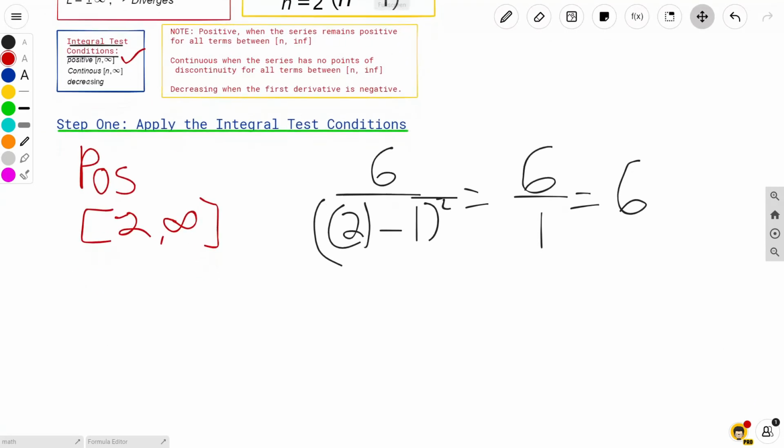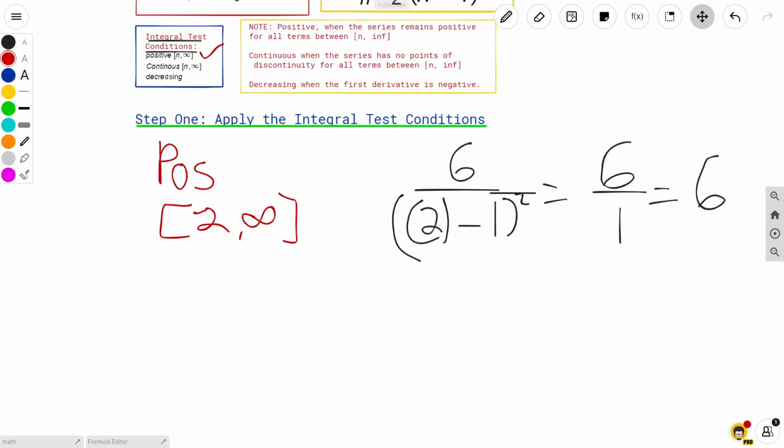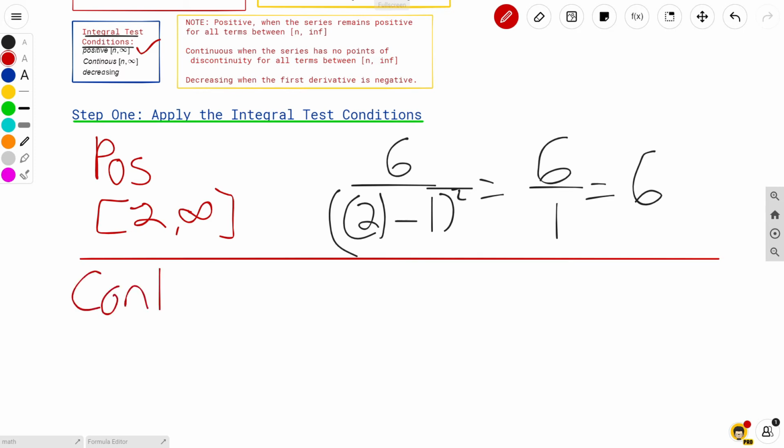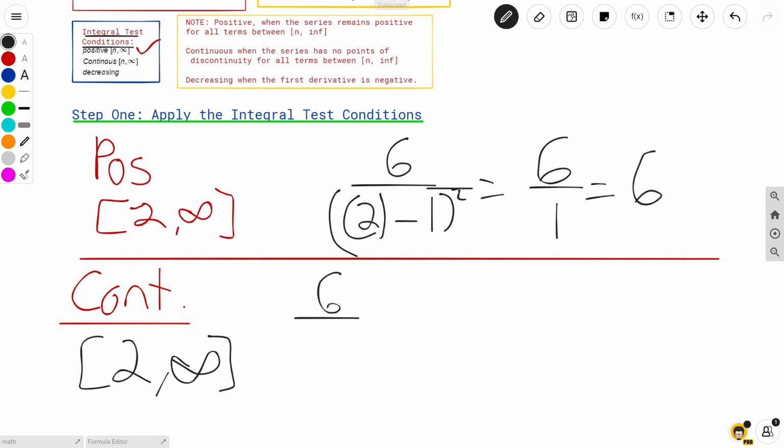So now, does it pass the second test? I'm going to draw a line of separation. So is it continuous? Is it continuous over the interval of 2 to infinity? Now, I did mention earlier, the series is n minus 1 squared. At what point is there a discontinuity?